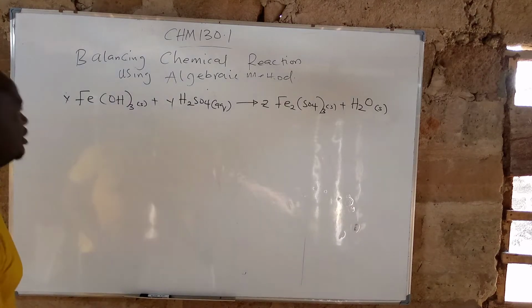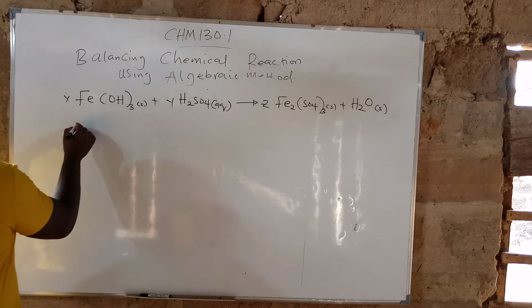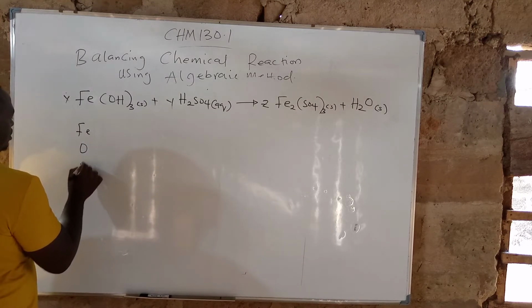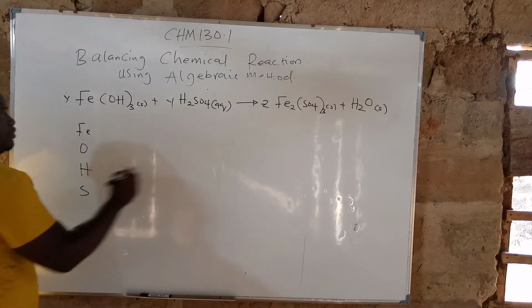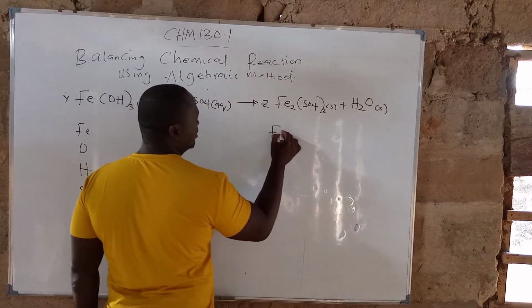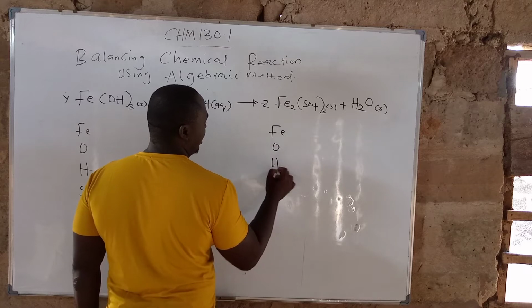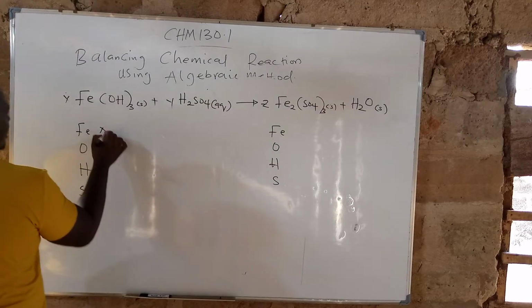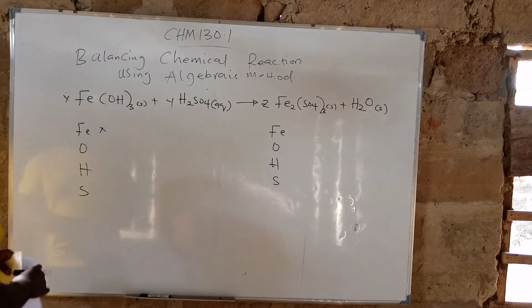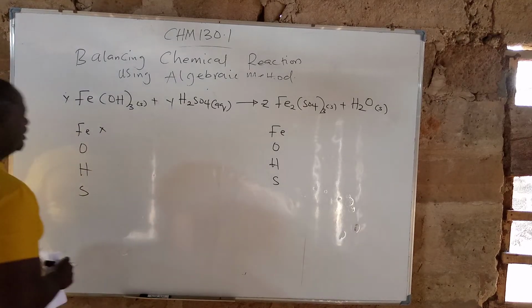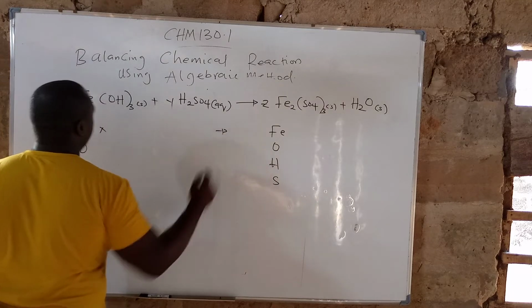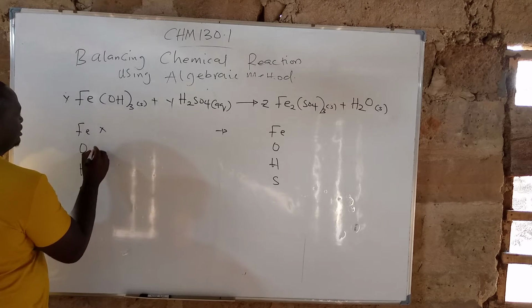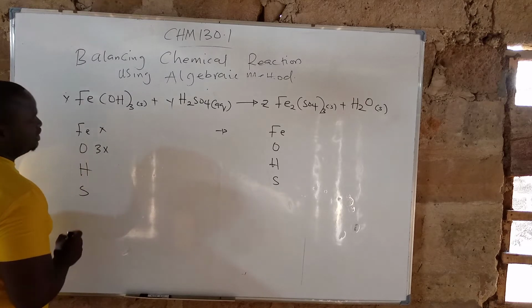It doesn't matter. Of course, we have iron, oxygen, hydrogen, and sulfur, the same thing here. So here the iron is X. We don't have any iron here again on the reactant side. And then for oxygen we have 3 times this, which will give 3X, right?